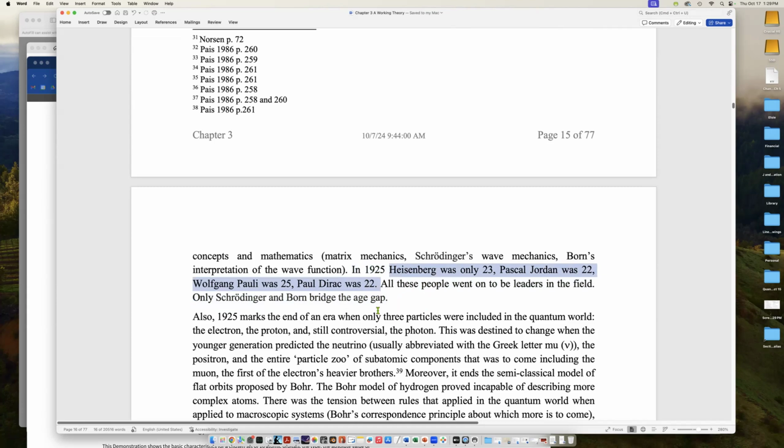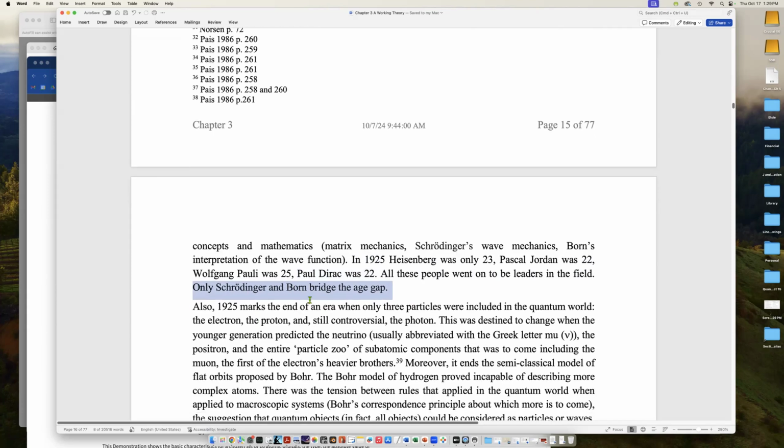You see some of the ages here. In fact, Dirac was the first one to earn a PhD in quantum mechanics. The exceptions, the ones who stayed with the science and kept making contributions from the first generation of quantum mechanics, were Schrodinger and Max Born, both of whom won the Nobel Prize.